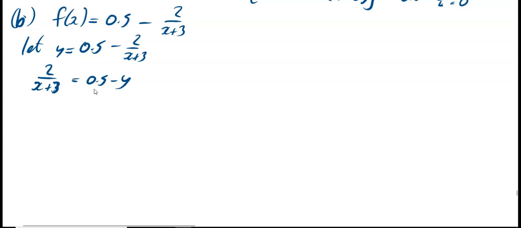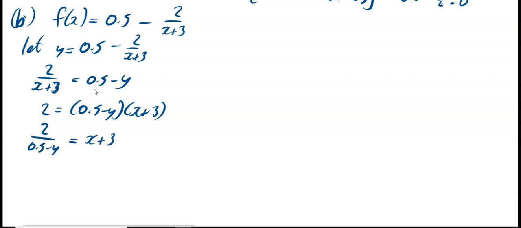I'm going to show all my steps. Now you can skip a number of these out. I'm going to multiply across. So I'll have 0.5 minus y upon x plus 3. And then I'm trying to get x on its own. So now I've got my x on the top line at least, which is good. I'll bring my 0.5 minus y back across, so that's equal to x plus 3.